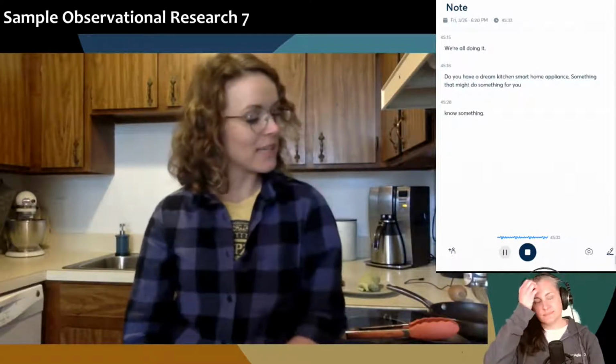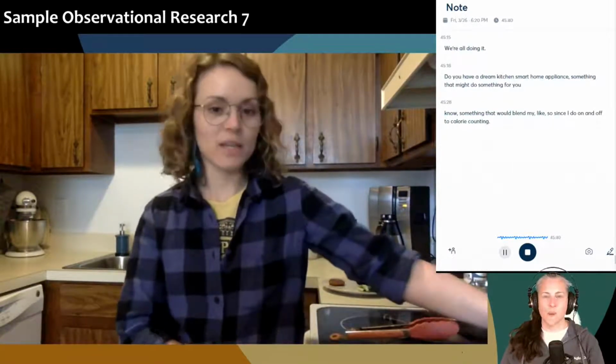Since I do on and off do calorie counting, a blend of the scale and the app that I use, where I'm not having to manually put in 46 grams or 30 grams, or try to estimate that. So if there was some sort of scale calorie tracker thing, that would be cool.